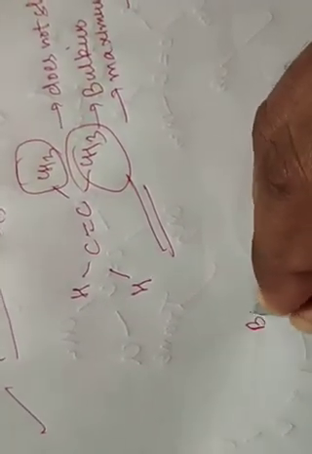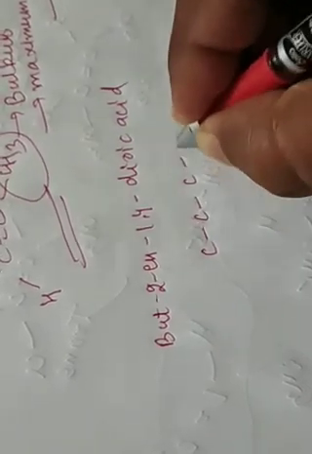Clear? Now the next one again, but-2-ene-1,4-dioic acid. Just write down but: how many carbons? 1, 2, 3 and 4. 1,4-dioic acid means there is a COOH at each end, and 2-ene means there is a double bond, with one hydrogen and one hydrogen.